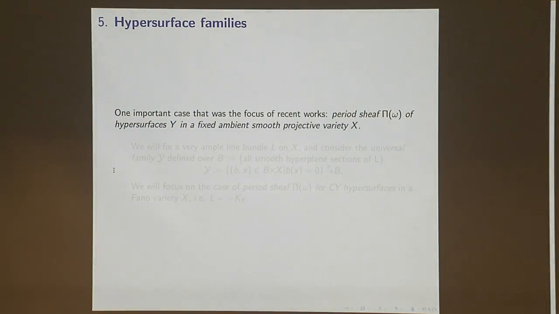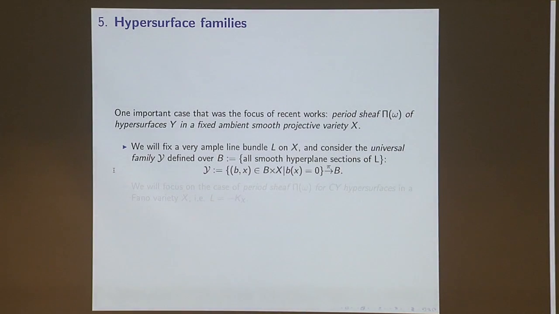Okay, so one particular situation that is of a lot of focus in recent work is the case when one is interested in hypersurfaces in a fixed ambient smooth projective variety X. So we will start with a fixed very ample line bundle L on X and consider the universal family of smooth hyperplane sections of this line bundle L. And we will focus in this lecture mostly on the case when the hypersurface is Calabi-Yau and the ambient space is Fano.